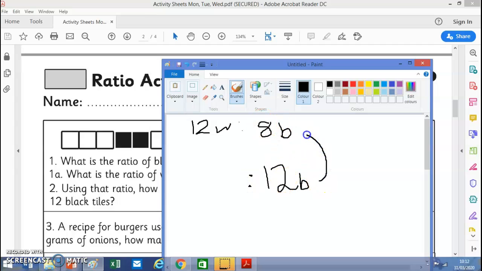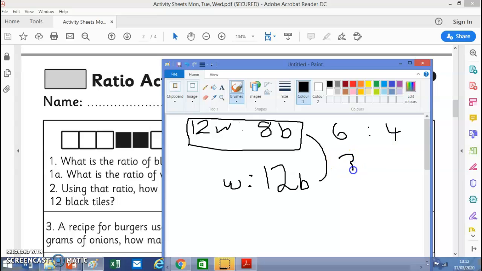Yesterday we just worked out what the relationship here was. However, what I'm going to need to do to work out the number of white tiles is simplify my original number. So what I can do is divide them by 2. So I get 6 and 4, and 2 again, 3 and 2.